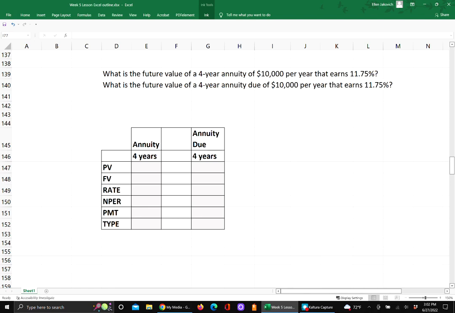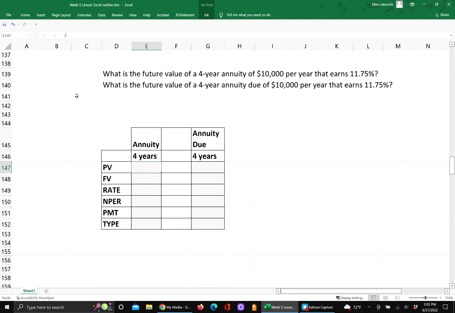So we want to find the future value of a 4-year annuity. Normal annuity, it doesn't say ordinary annuity, but it is an ordinary annuity. So how do we do that?